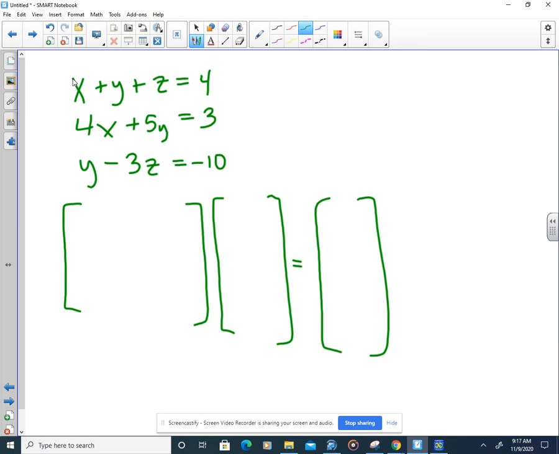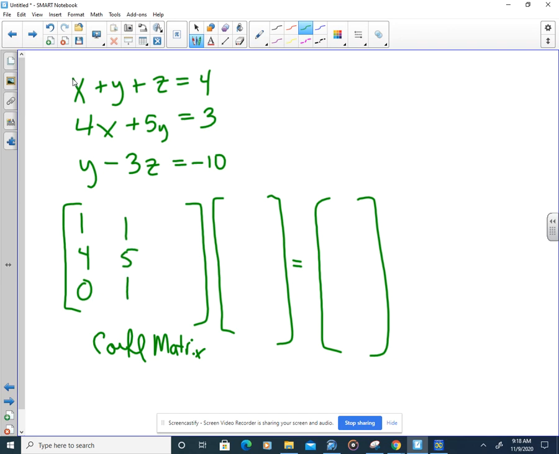So this is my coefficient matrix. We're going to list all the x coefficients first. So we got 1, 4, and 0. The third equation doesn't have an x variable, so the coefficient on the x is 0. Now let's list the y coefficients. We got 1, 5, and 1.